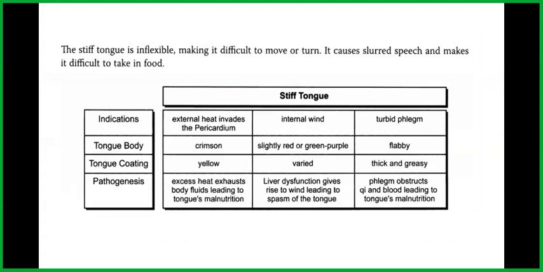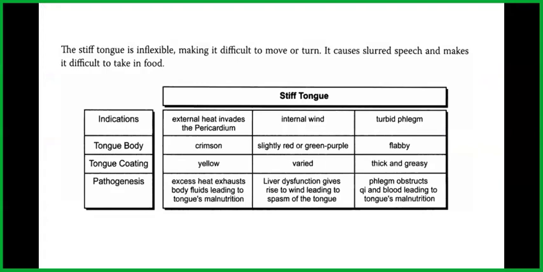So let's look at what the stiff tongue indicates. One of the indications is external heat invades the pericardium, where the tongue body will be crimson and the coating will be yellow. The pathogenesis is excess heat exhausts body fluids, leading to tongue's malnutrition. Another indication is internal wind, where the tongue body will be slightly red or green-purple, and the coating will be varied.